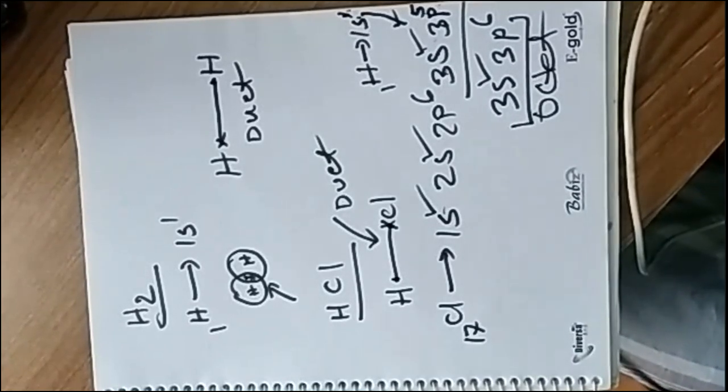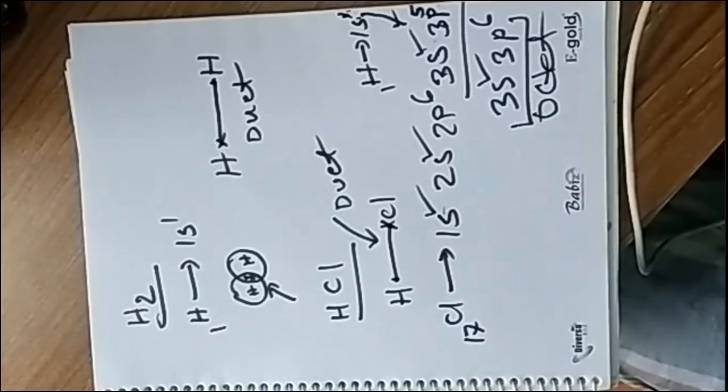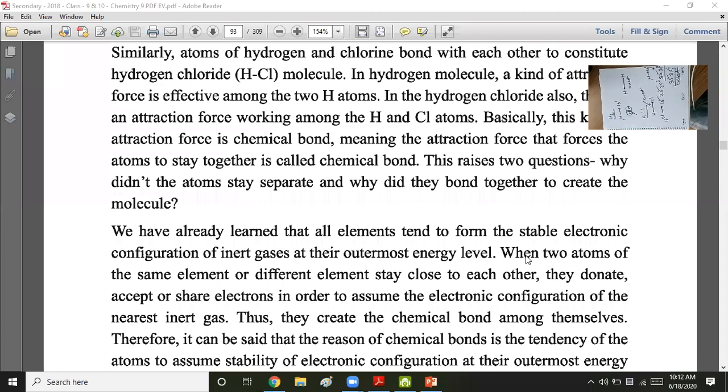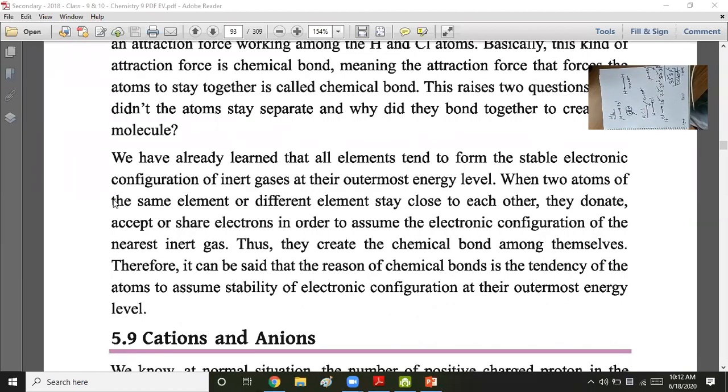I am going to my screen share again. When two atoms of the same element or different elements stay close to each other, they donate, accept, or share electrons in order to assume the electronic configuration of the nearest inert gas.